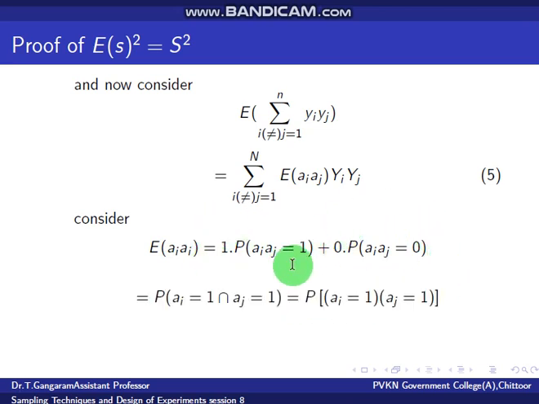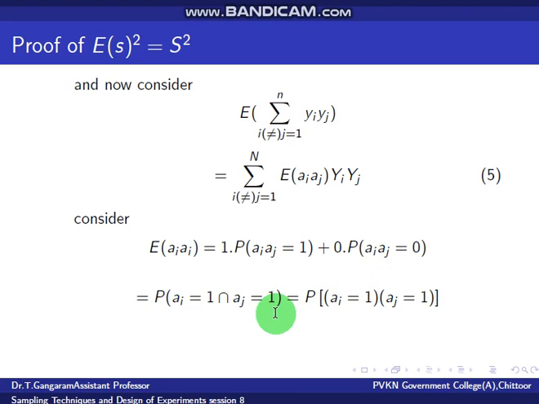Since ai aj is a joint random variable, we define it as probability of ai into aj is equal to 1. This is equal to probability of a into probability of b.